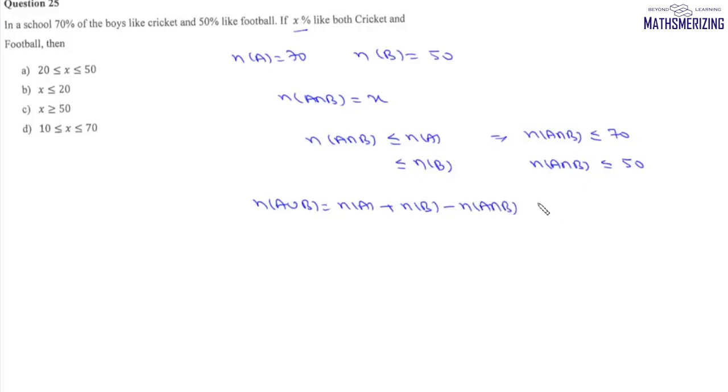Now n(A union B) is always less than or equal to 100. Now n(A) is 70, so 70 plus 50, so it will be 120 minus n(A intersection B) is less than or equal to 100. So the value of n(A intersection B) is always greater than or equal to 20. So this value of X should be greater than or equal to 20 but less than or equal to 50 and that's your option number A.